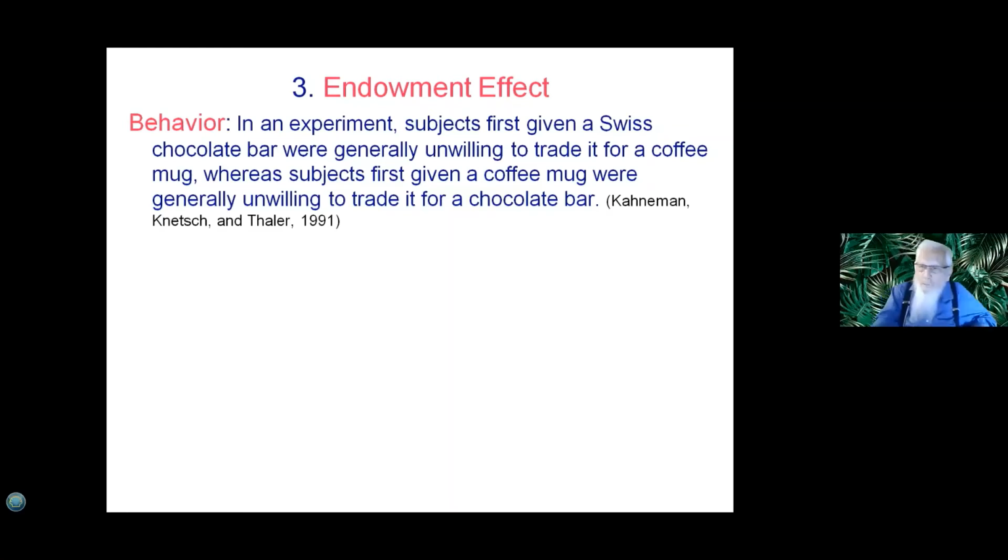Okay, this experiment was reported in a paper by Kahneman, Knetsch, and Dick Taylor in 1991. Dick got the Nobel Prize a few years ago, 2 or 3 years ago, for his work in behavioral economics.